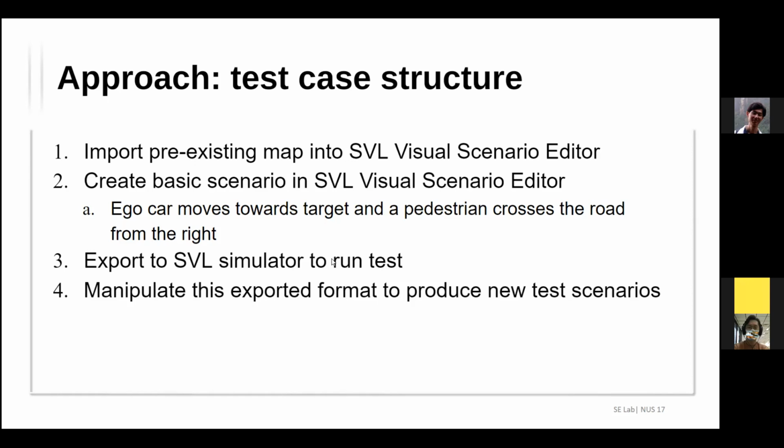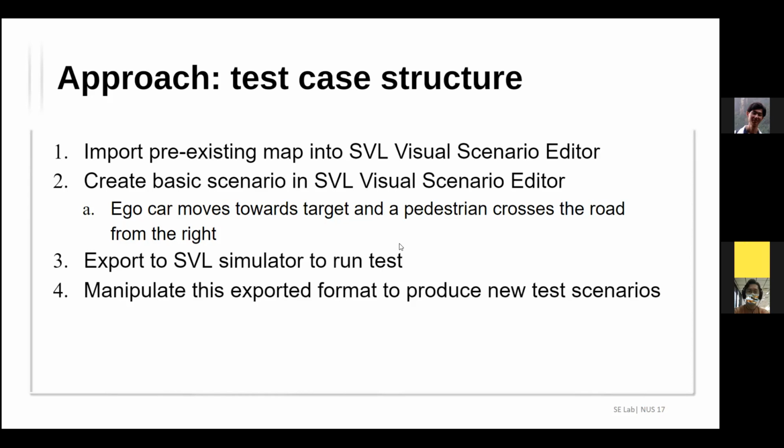But what if the ego car moves toward the target and there's some car driving ahead of it, or a car driving behind it? That becomes a very different scenario, and based on the different scenarios, the representation may look different, and then the search algorithm will be different. So that means it has a problem of generalizability. The authors also mention the threat to external validity later on in the paper.